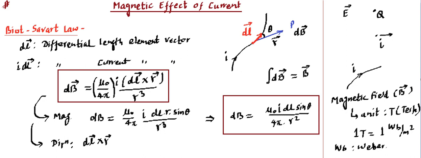If we try to write that direction over here, so this is dl and this is r, both are in the plane of the board that you can see, this white board. So this direction of dB must be perpendicular to this white board. That means it should be either into the plane, or it will be outward from the plane. So the first symbol is for outward from the plane and the second symbol is for into the plane. So either of the two options will be there. Then out of the two options, which option has to be opted?